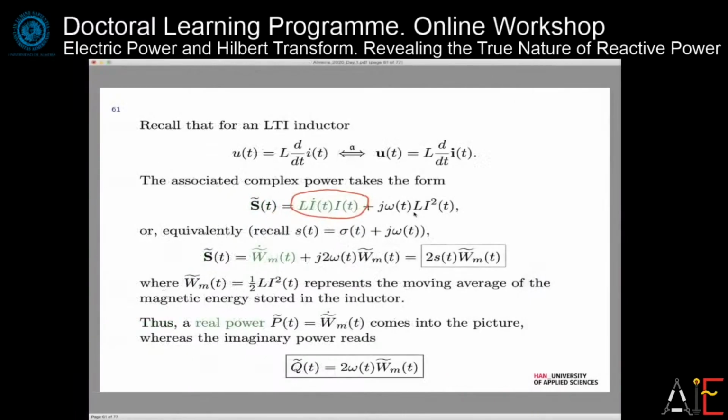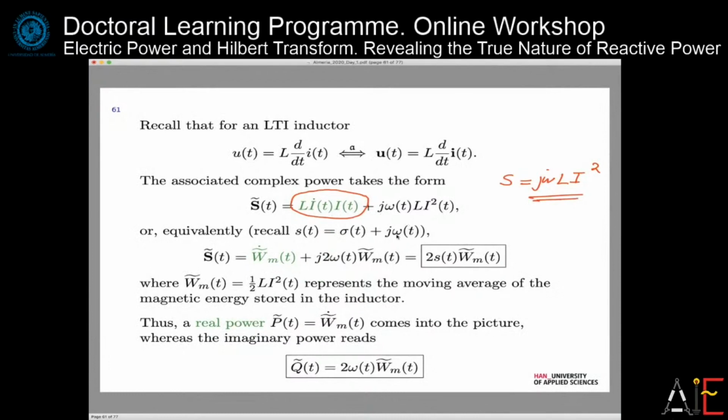Normally, for purely sinusoidal signals, what we would get is just that S, not varying, not depending on time, is then j omega L times the RMS value squared. That's in the sinusoidal case. In the non-sinusoidal case, you get this extra real part.